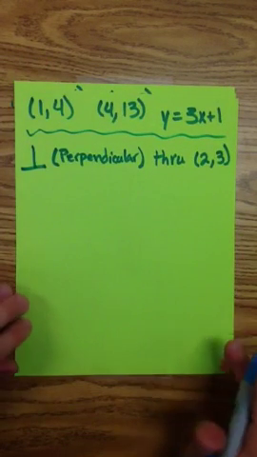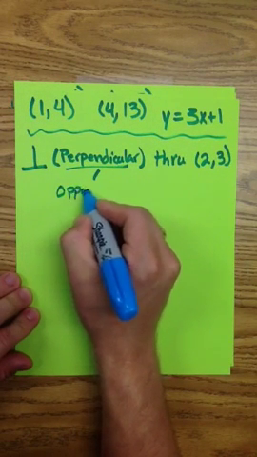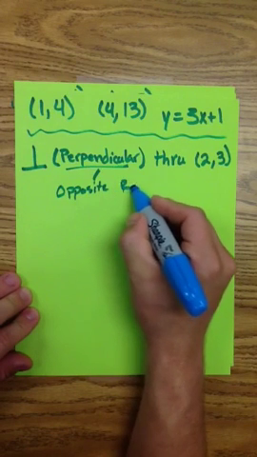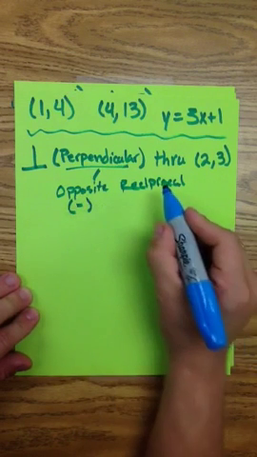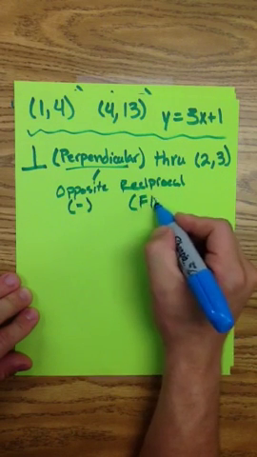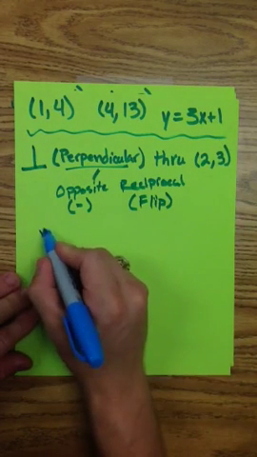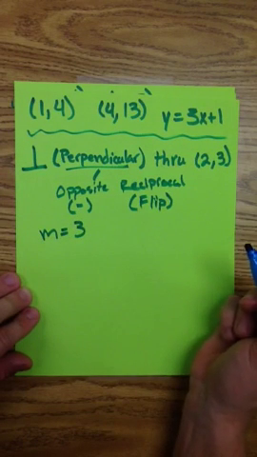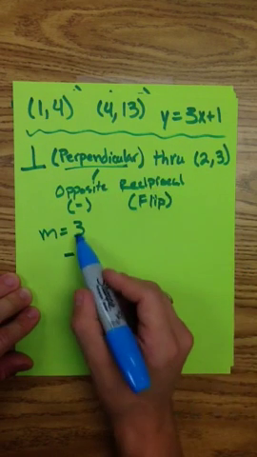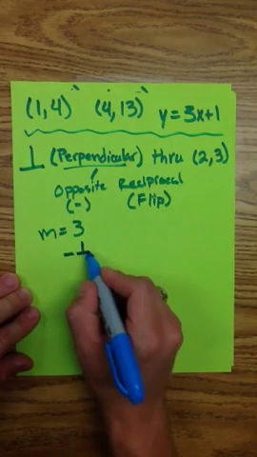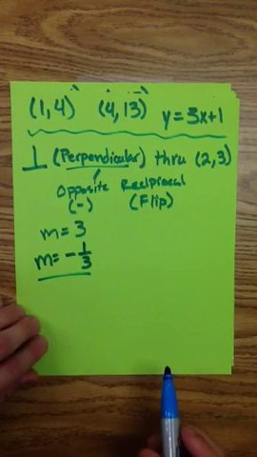Anytime I have a perpendicular slope, my slope is going to be the opposite reciprocal. By opposite, I mean I'm going to change the sign, and by reciprocal, I need to flip. So I know that the slope was 3, so the opposite would make it a negative number. And to flip it, it would be 3 over 1, so to flip it, I would say 1 over 3. And my new slope would be negative 1/3.